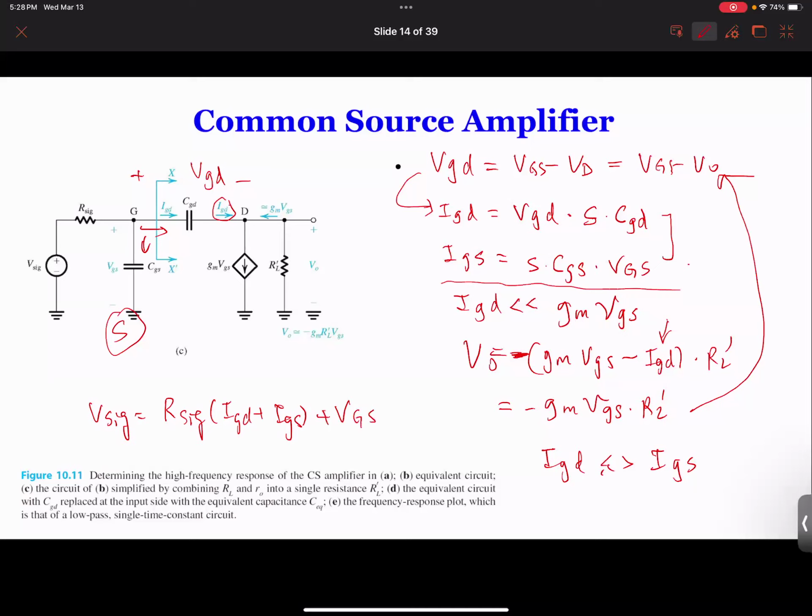And VGS we already calculated, which in this case is S times CGS times IGD.